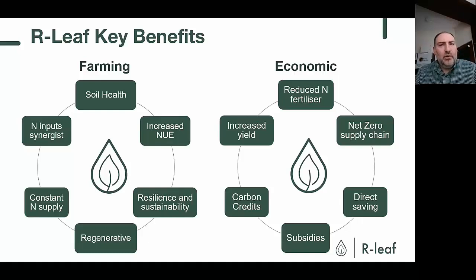The issue becomes where if Tesco, M&S, Sainsbury's want to absorb that greening benefit of the supply chain, they have to buy the carbon credits. So that's an easy link.